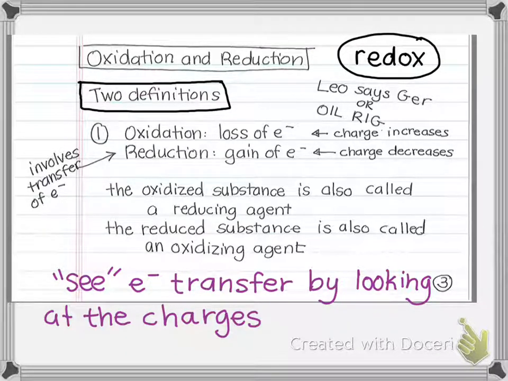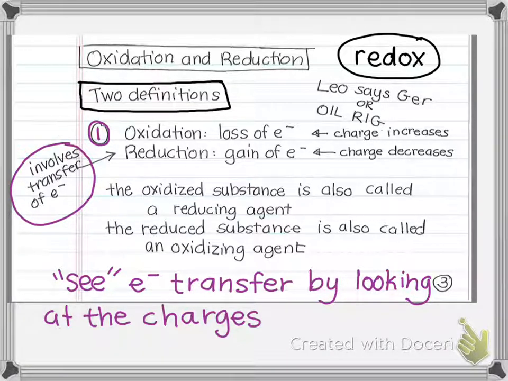So this first definition will pay special mind to charge. So here's the first definition, and notice the oxidation reduction, what we're looking at is the transfer of an electron.